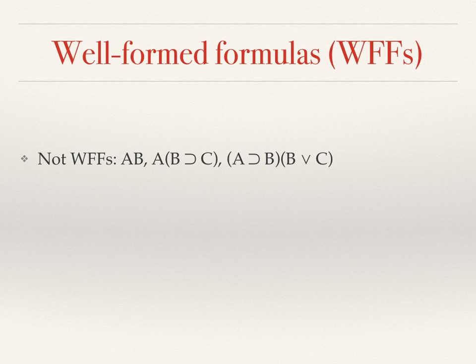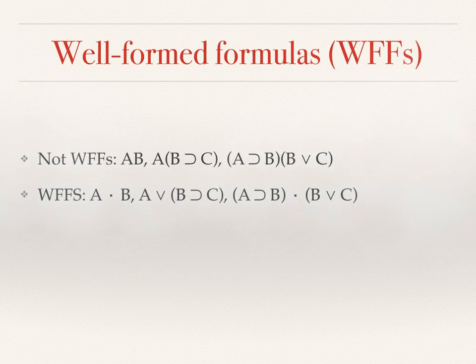So the way to put these in a form that is well-formed would be as follows. A dot B is well-formed, A or B implies C is well-formed, and A implies B and B or C is well-formed.